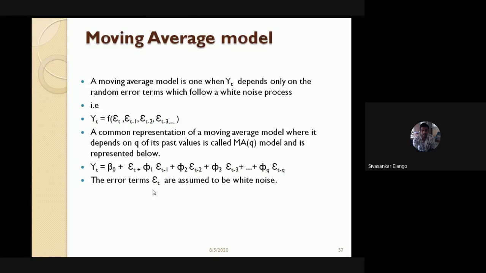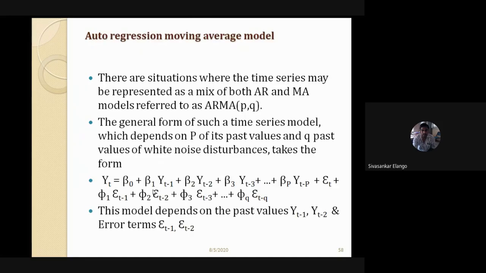The next model we discuss is the autoregression moving averages, the ARMA model, which combines both the previous models, autoregression and moving averages, where we need to look for past values of P and Q. The ARMA model depends on P of its past values of autoregression, and Q of past values of the white noise.